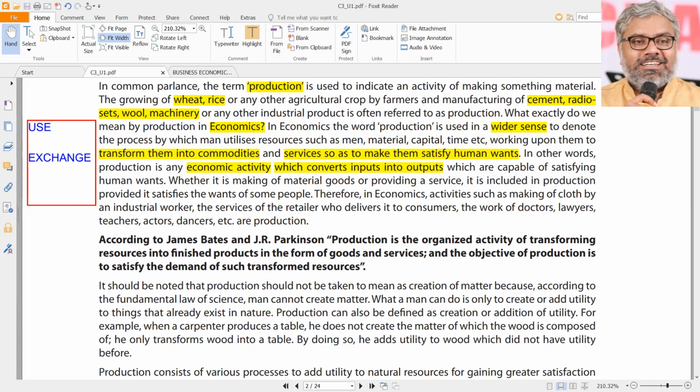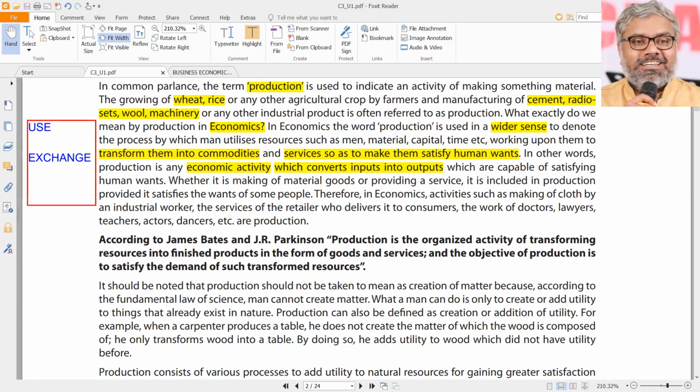But if you look at the essence of them, the activity could be the same. The process of converting atta into chapati is the same, whether it is done at home or at a restaurant. Of course, the people doing it are different, but that is not what makes them different. What makes them different is that the chapati made in the restaurant has exchange value, but of course that also has use value.